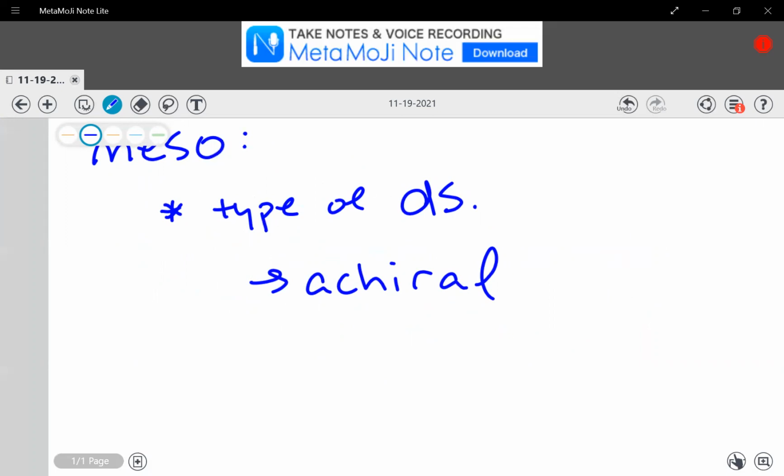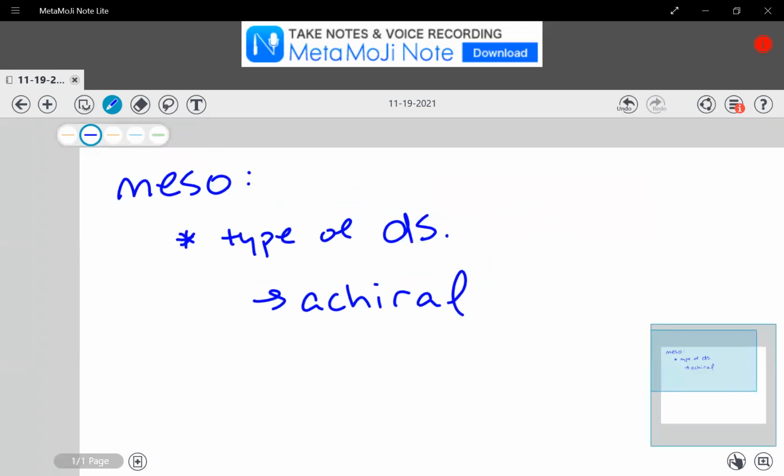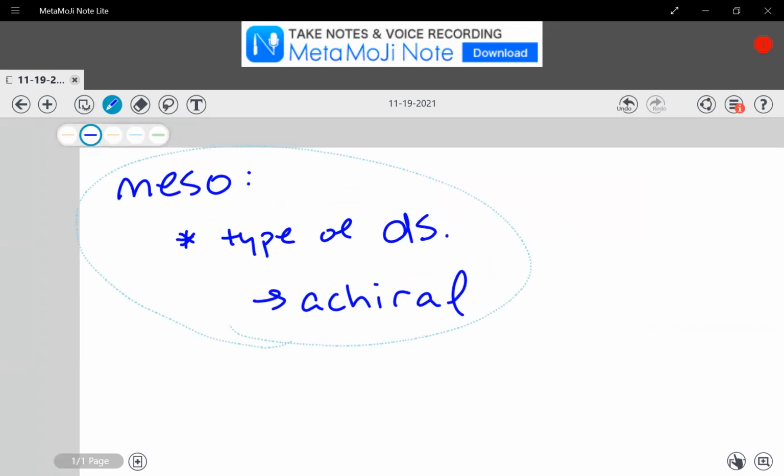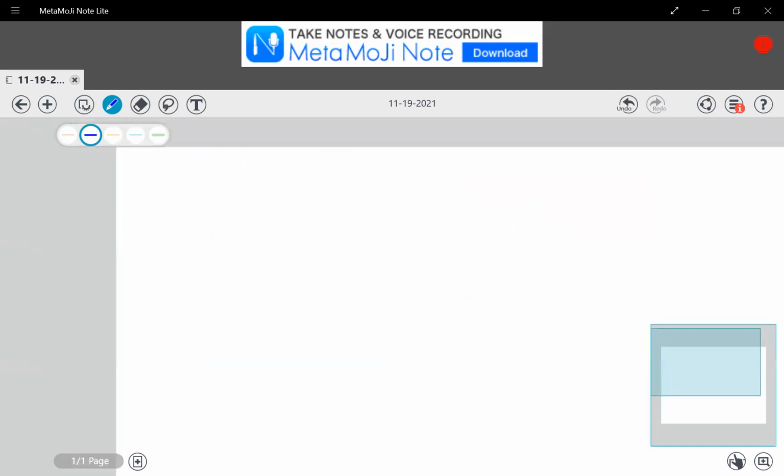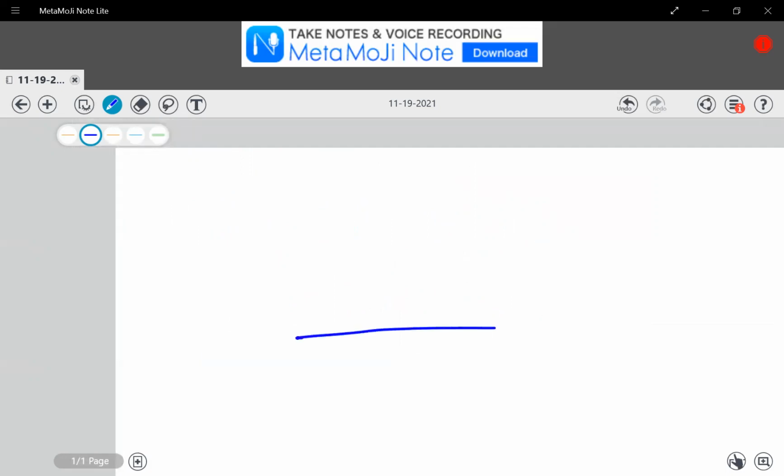Okay, so let's take a look at an example. This seems really complex, but we're going to boil this down to something real simple. Let's say we've got our compound here. We're not going to use chemicals, we're going to use colors again.